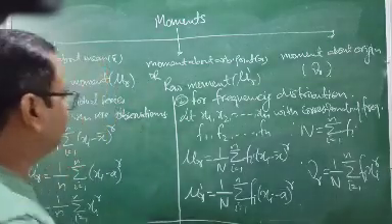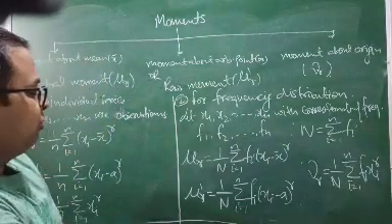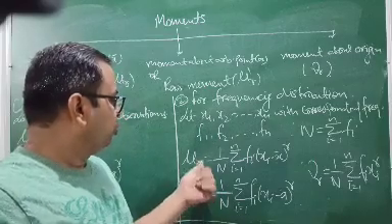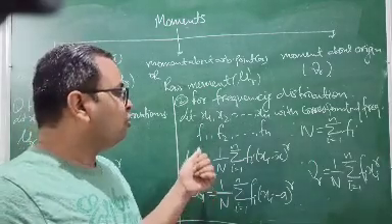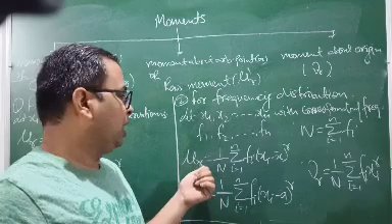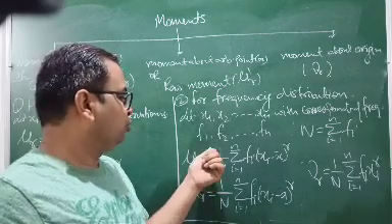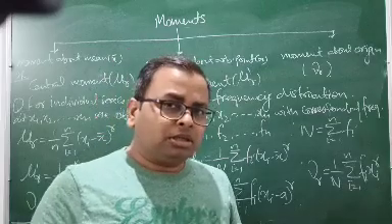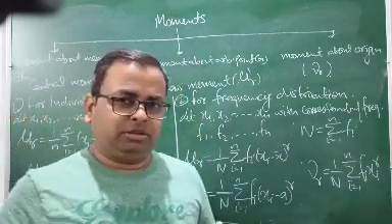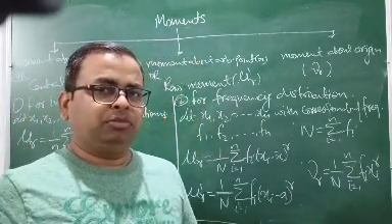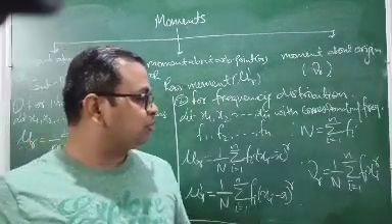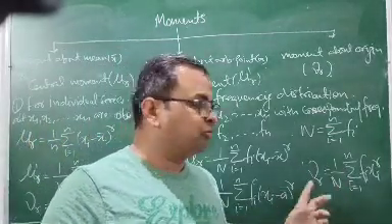Now we put values of r, like r equal to 1, 2, 3, 4. Generally, we calculate the first four moments: mu 1, mu 2, mu 3, mu 4, mu dash 1, mu dash 2, mu dash 3, mu dash 4, and nu 1, nu 2, nu 3, nu 4.